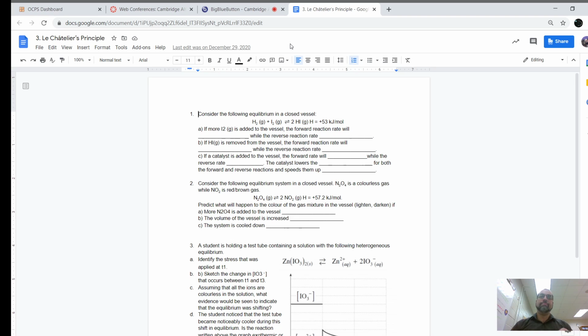Okay. For number 2, considering the following equilibrium system in a closed vessel, N2O4 is a colorless gas, while NO2 is a red/brown gas. Predict what will happen to the color of the gas mixture in the vessel, lighten or darken, if more N2O4 is added. Oh man, I should change that here.